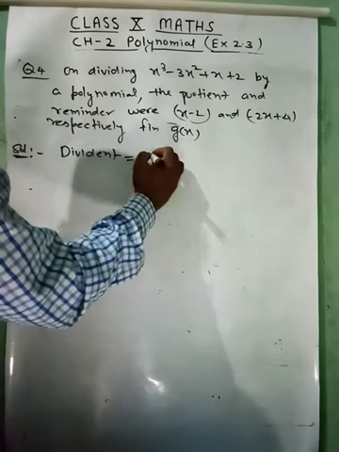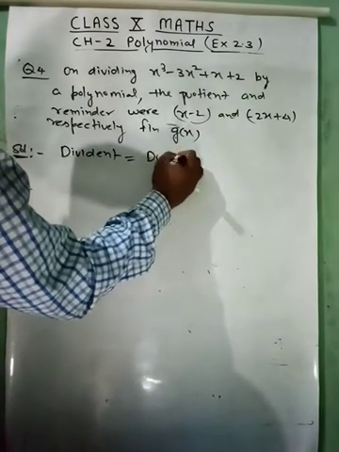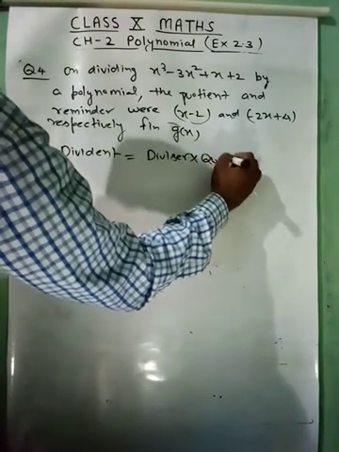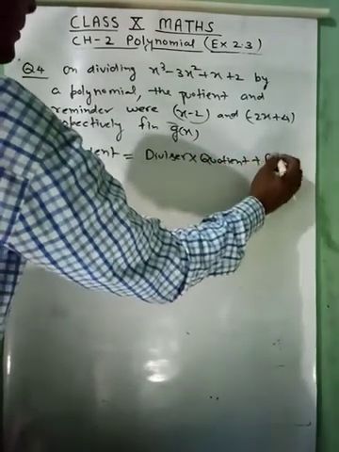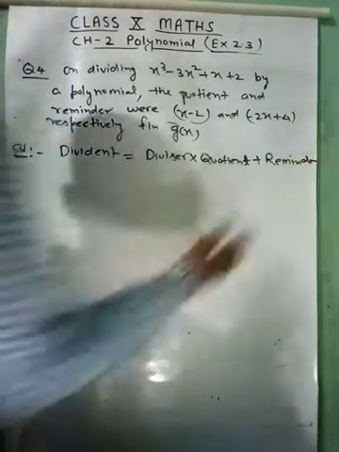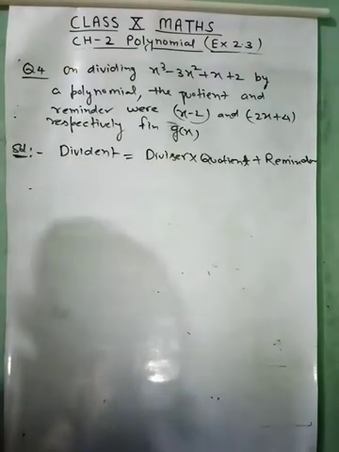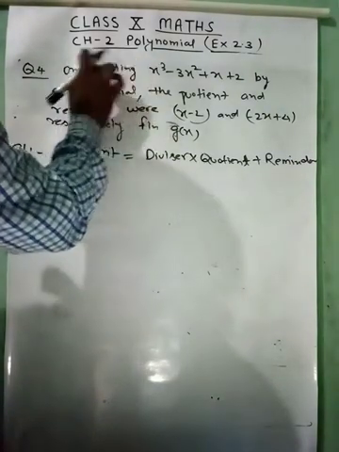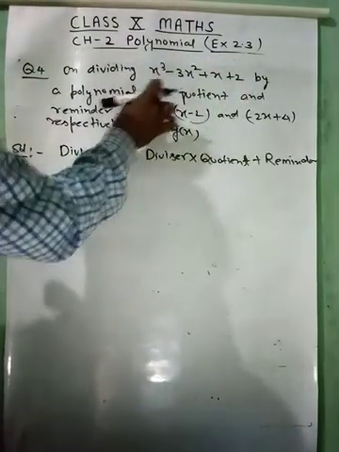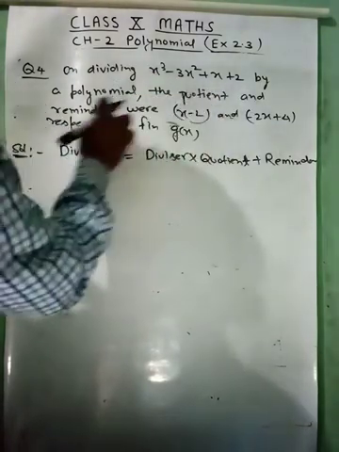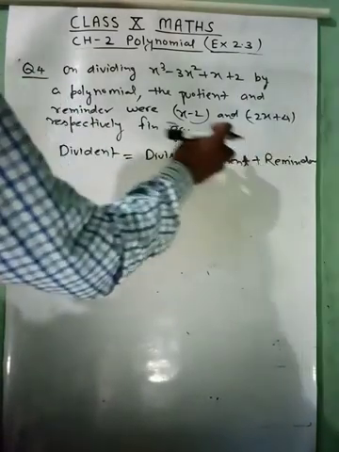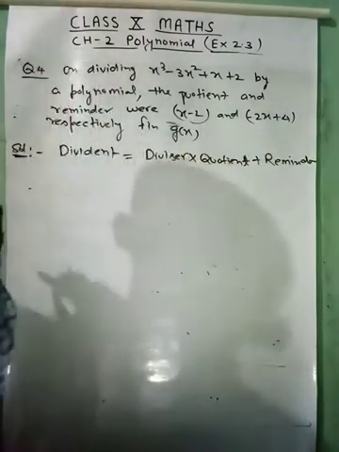Using this formula we have to find it. In this question it's saying that on dividing this dividend by a polynomial, the quotient and the remainder were given. So you have to find g(x), it means you have to find the divisor.